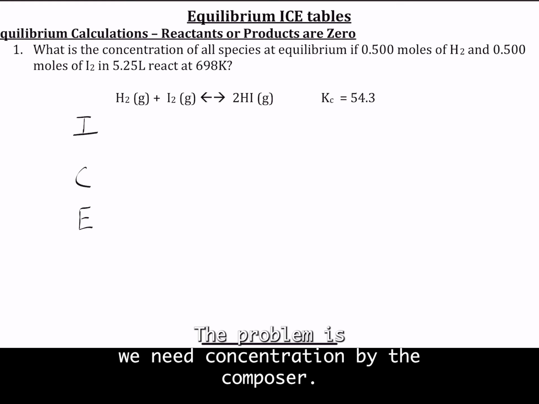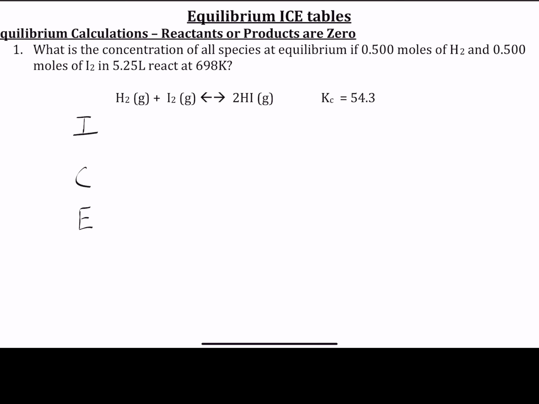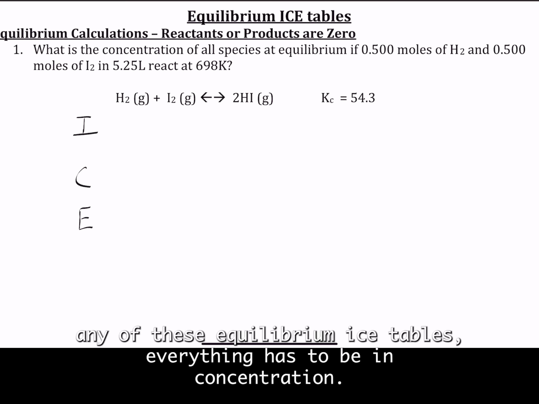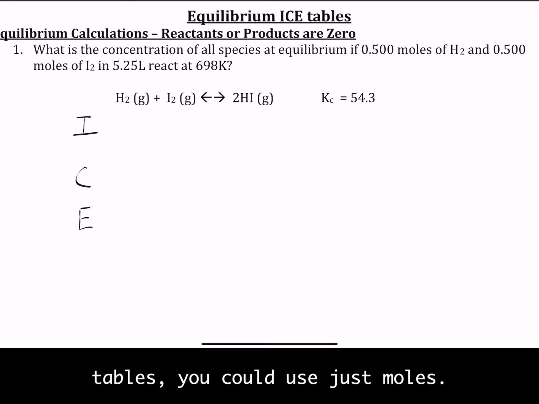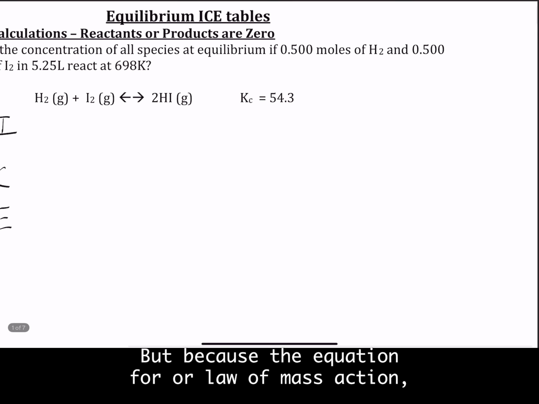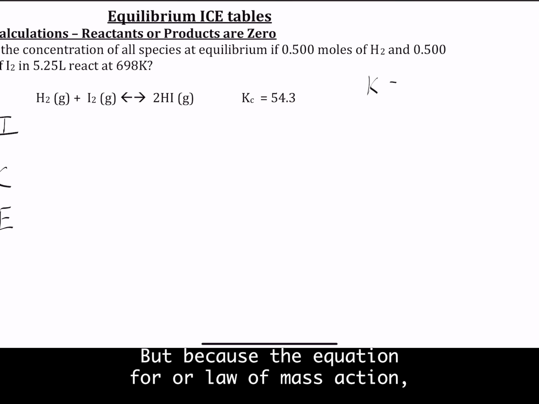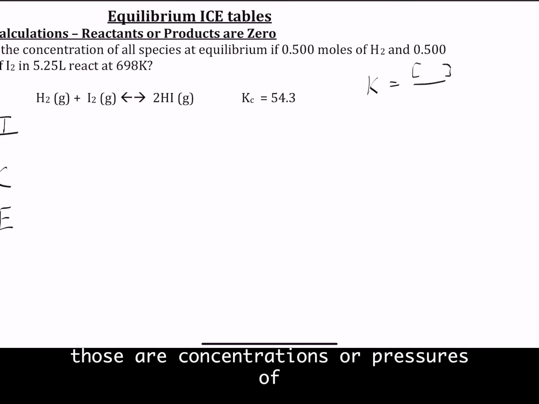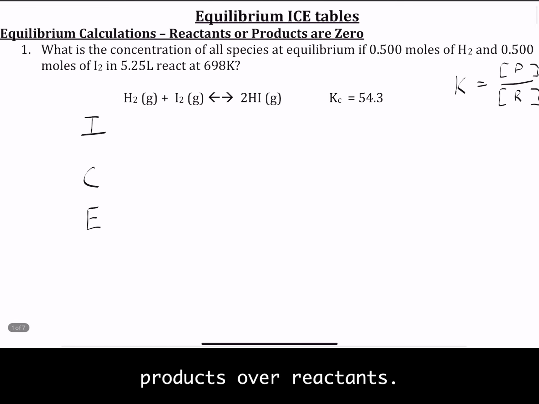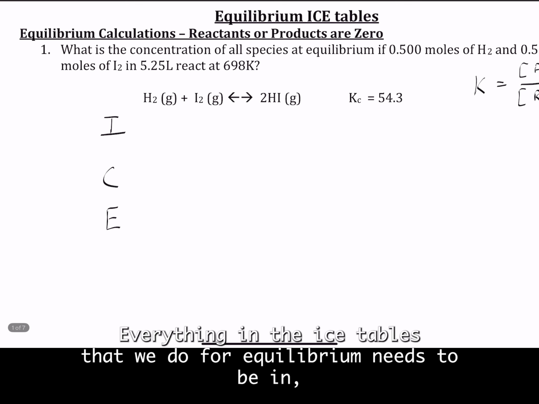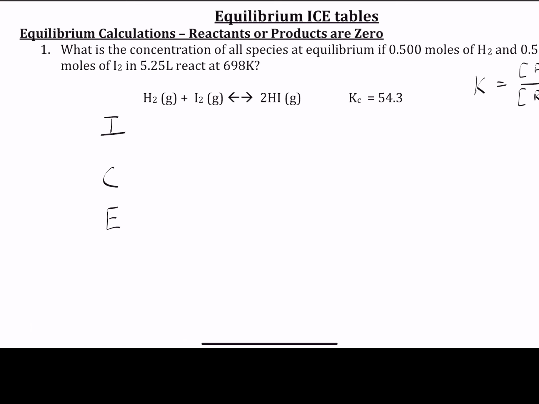The problem is we need concentration. Yeah, so when we're doing any of these equilibrium ice tables, everything has to be in concentration. If you're doing just stoichiometry ice tables, you could use just moles. But because the law of mass action uses concentrations or pressures of products over reactants, everything in the ice tables that we do for equilibrium needs to be in molarity.